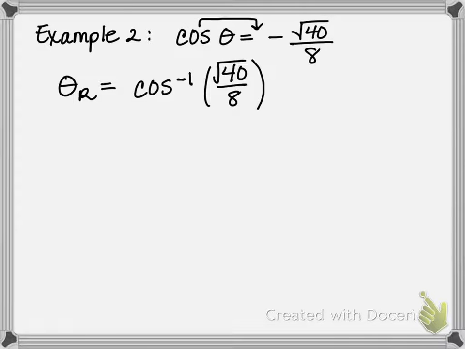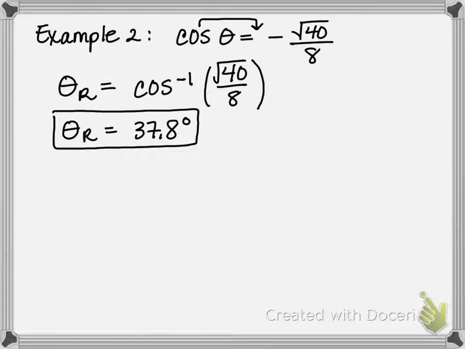So no negative, just ignore it. And when you typed that out, your theta r, or your reference angle rounded to the nearest tenth, is 37.8 degrees. So this was your first answer.